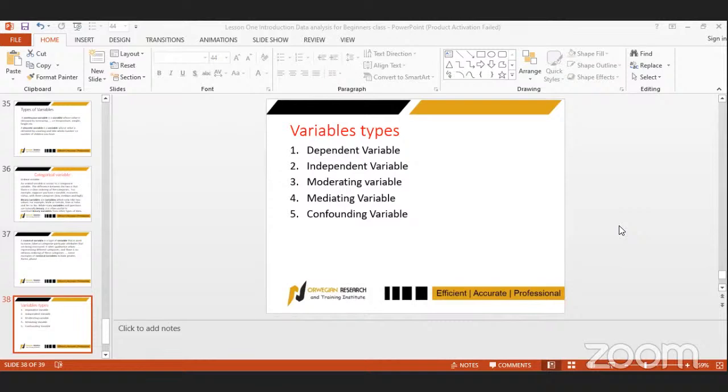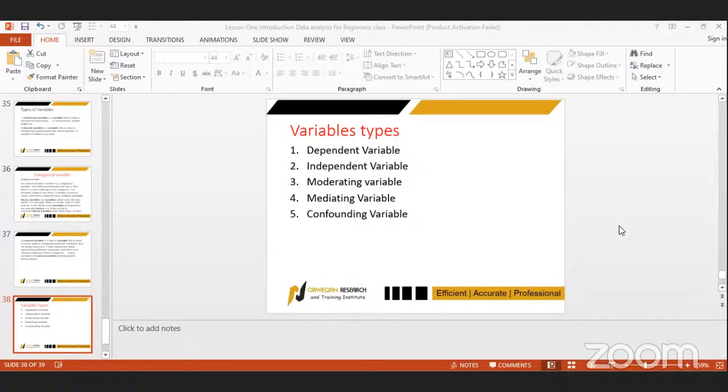One of the requirements for calculating sample size is the margin of error. We need to establish the margin of error. We also need to know our confidence level. Even in the Raosoft calculator, right now, just type Raosoft calculator in Google, and you will find all that is required there: margin of error, confidence level, and also the sample frame.